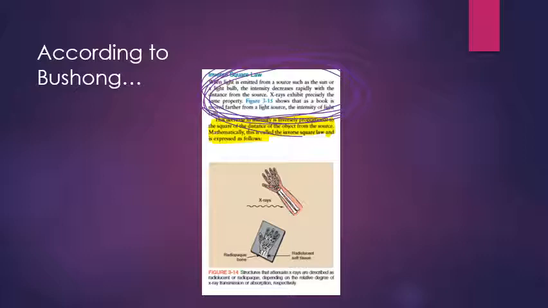Now, since that's inversely proportional, the square of the distance of the object from the source is going to be your difference of intensity.